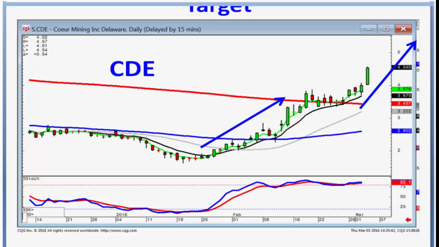Let's see, make sure I haven't scrolled too fast. A bobble is part of a continuation pattern. It could be considered a continuation pattern, but you can also see that it's a J-hook pattern, which tells me this is wave one, this is wave two, and wave three is now in progress.